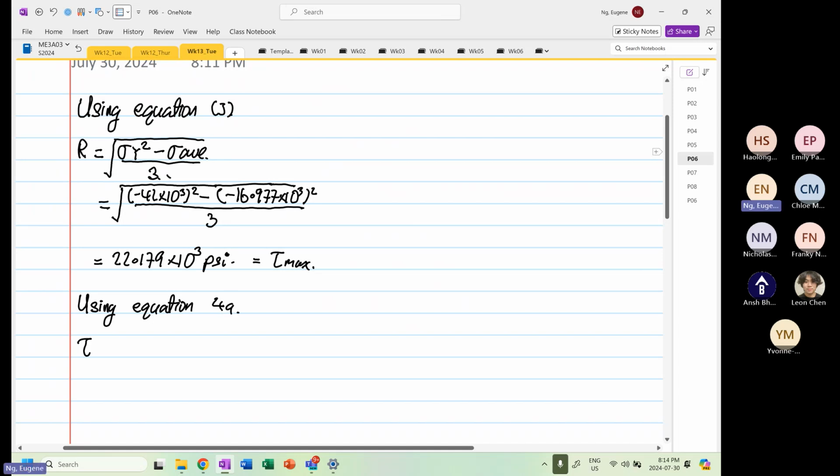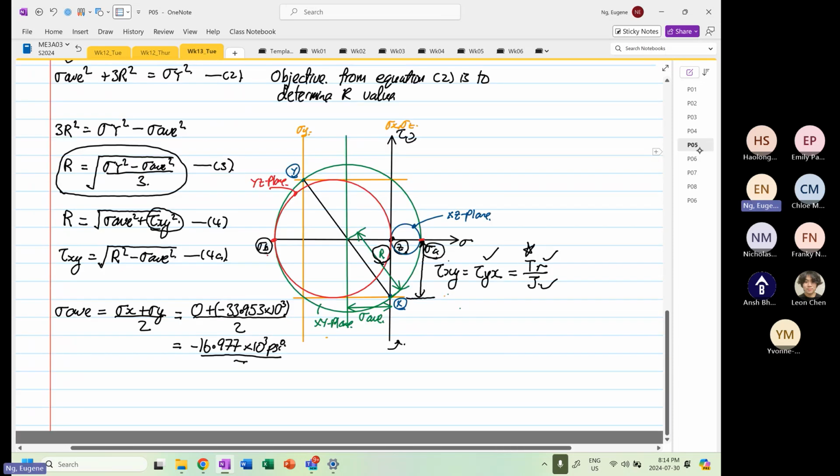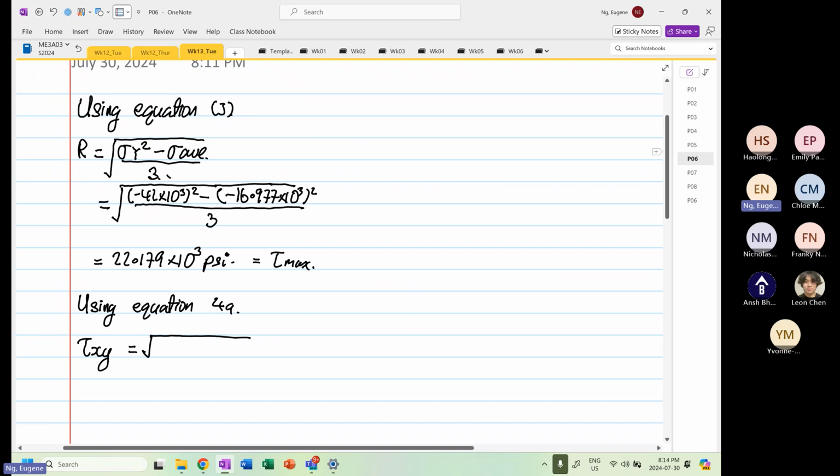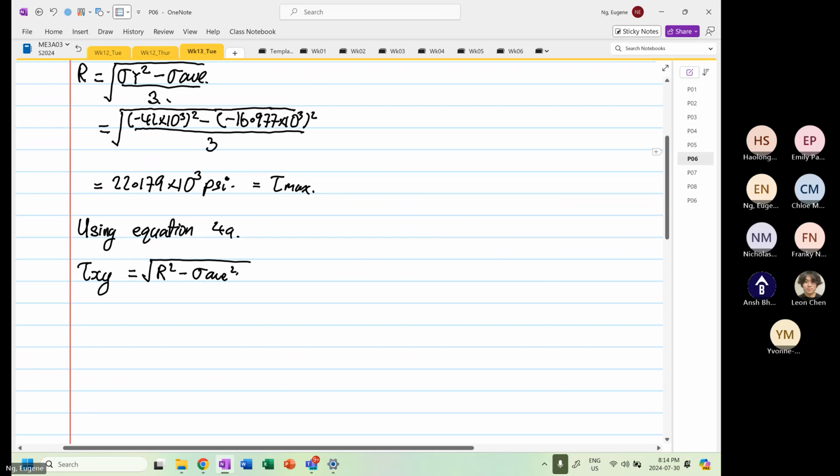Which is equal to shear xy squared, or shear xy is equal to the square root of r squared minus the average stress squared. So we know our radius, which is also equal to our tau max.